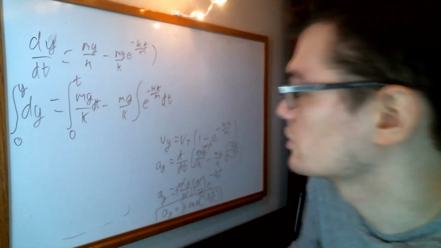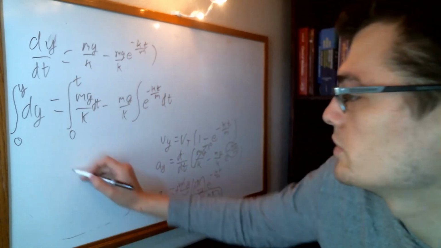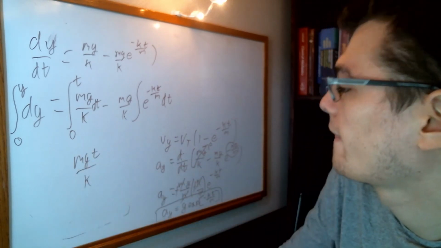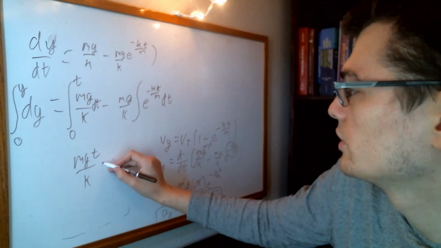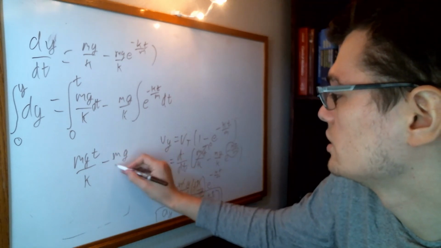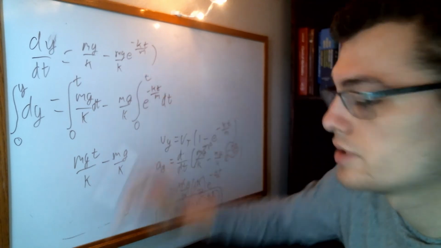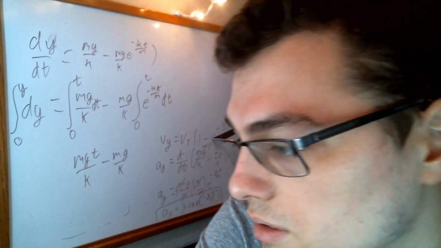All of this is just a constant with respect to y, so we get mgt/k, and we get mg/k, and this is also going to be from 0 to t.